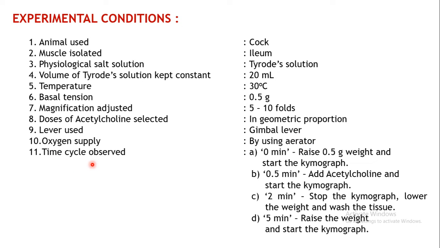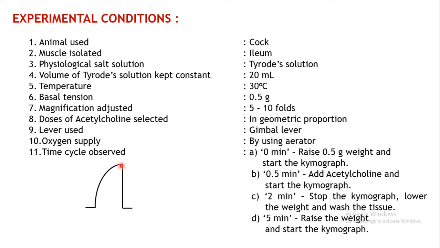Then this is very important, the time cycle which is observed for your response. Say this is your response which you obtain. This is the baseline. You add the drug, you get a response. Your tissue will contract, which will be recorded in the form of a curve on your kymograph paper. It will raise the pointer to a certain level depending upon what dose you are adding.